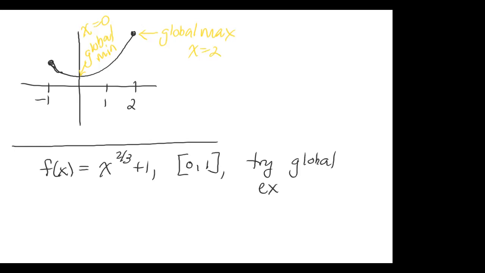Give it a shot, at least find the derivative on your own. And we'll start tomorrow's lecture with that problem. So you have a little bit of time to think about it before we begin.